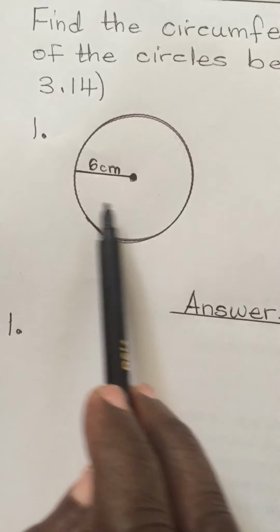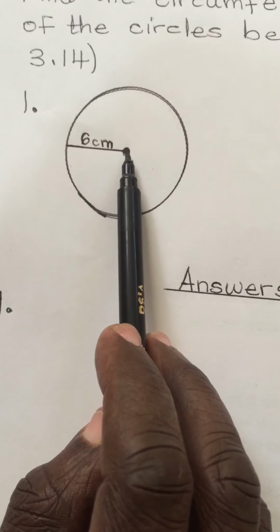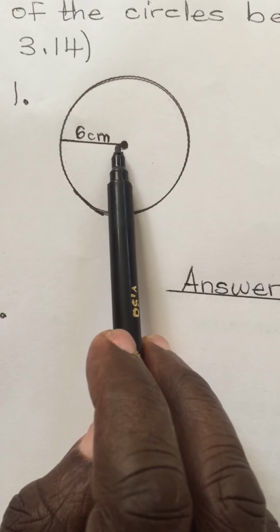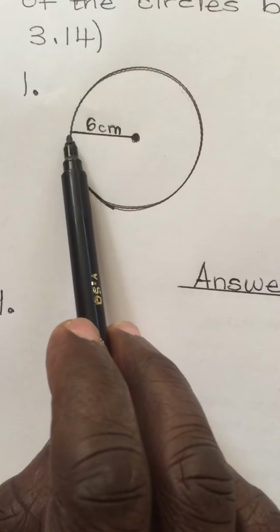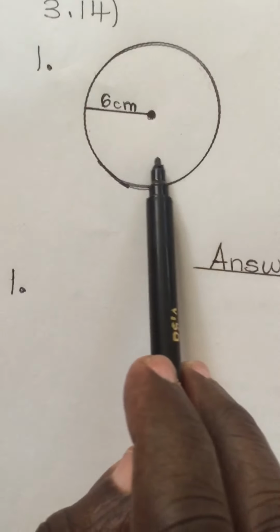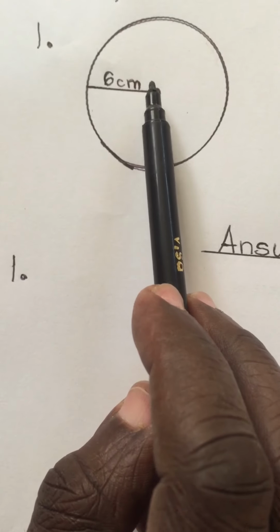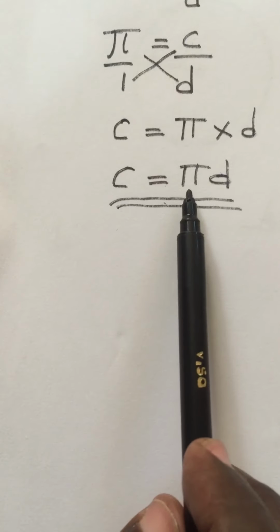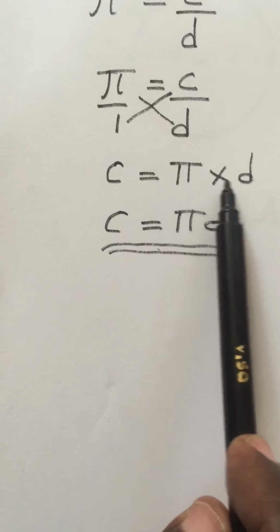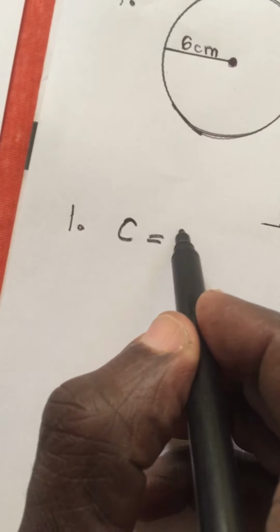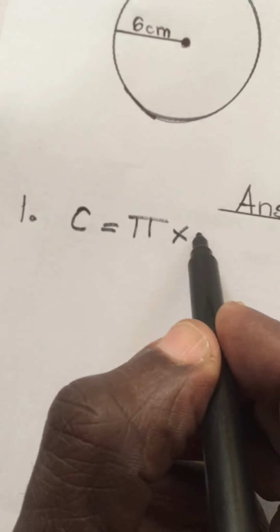Number one, this is a circle. You realize that this is the center. Any line from the center going to any point around the circle is called the diameter. So this is the diameter. But remember we said the circumference is equal to pi d, or pi times d. D is the diameter. So we write number one, circumference is equal to pi times d.